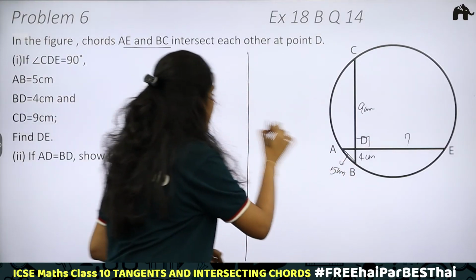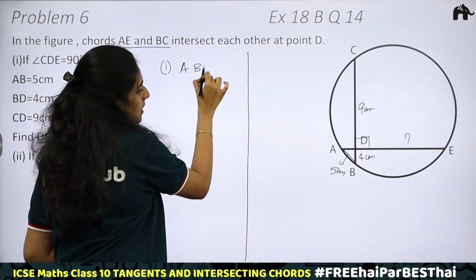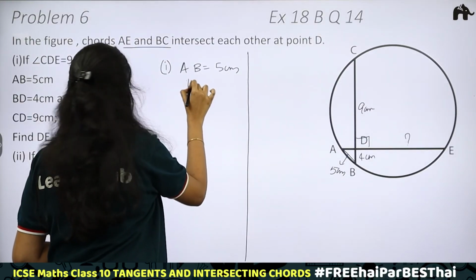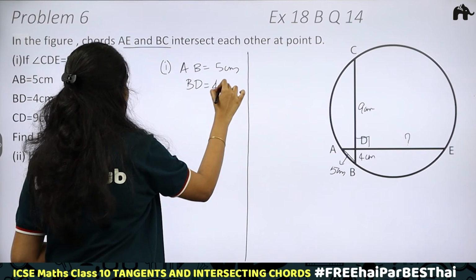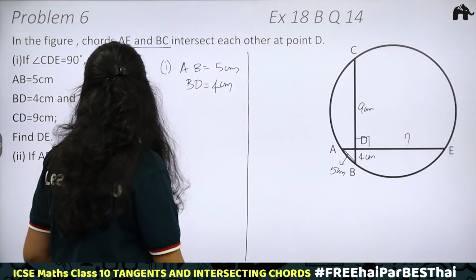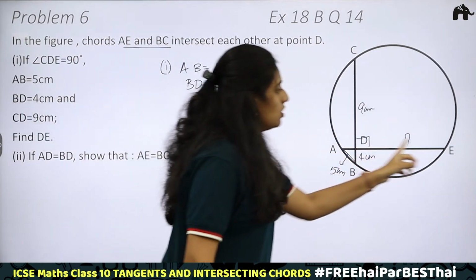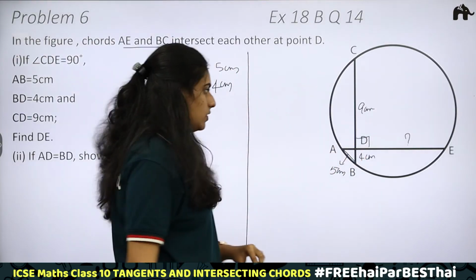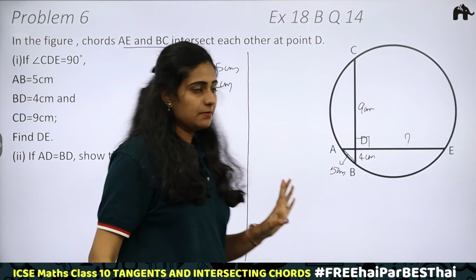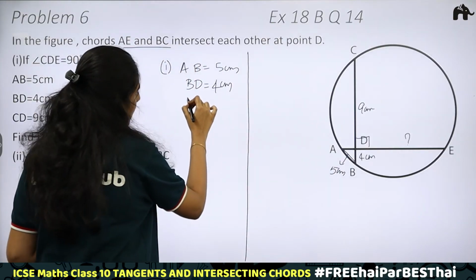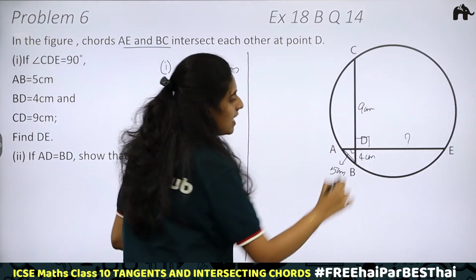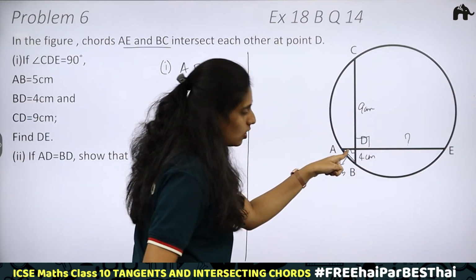Here we have AB. AB is given, 5 centimeter, and BD is equal to 4 centimeter. We need to find DE. In order to find DE, first let's find what AD is. How to find AD? Here, this is a right triangle. Why? Because if this angle is 90 degrees, this will also be 90 degrees.